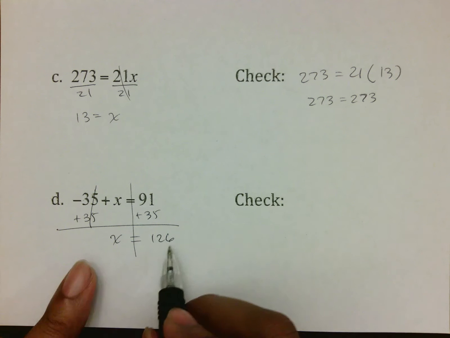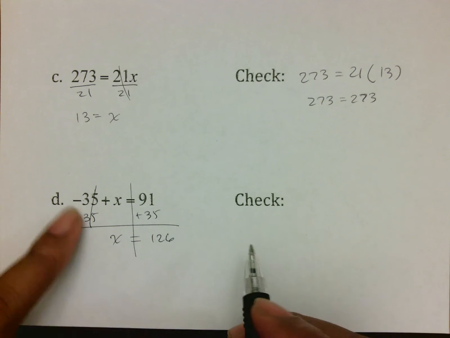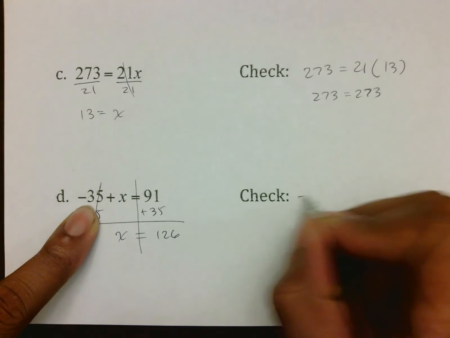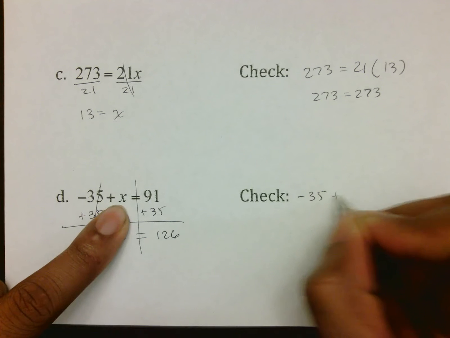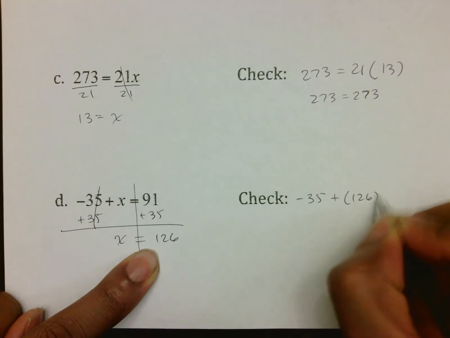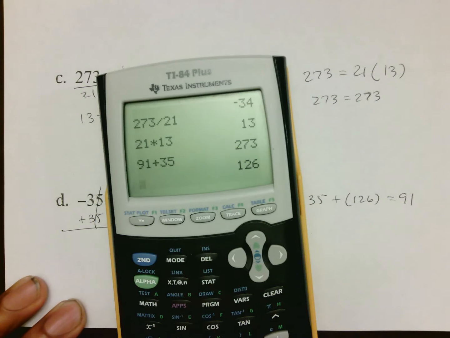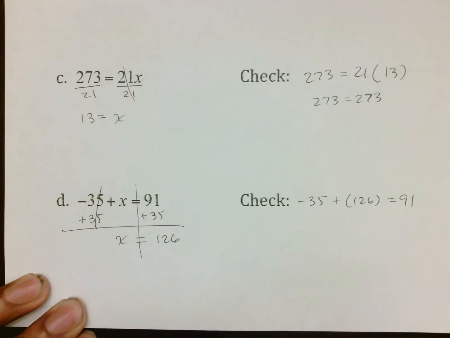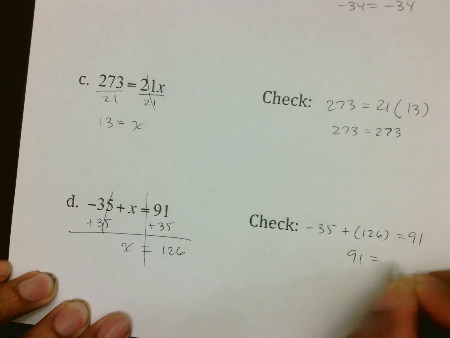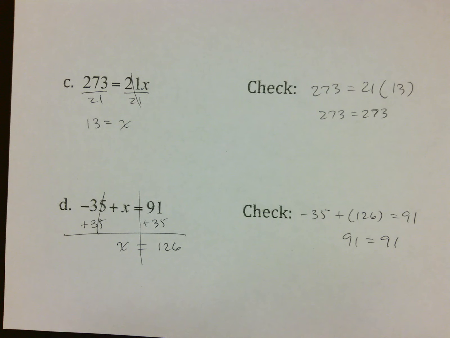And again, once you find that answer, the only thing you're going to add in today is that you go back here and rewrite it, except you're going to turn your x into whatever your number is and make sure it works. So negative 35 plus 126, which does give me 91, equals 91, so therefore it worked out.